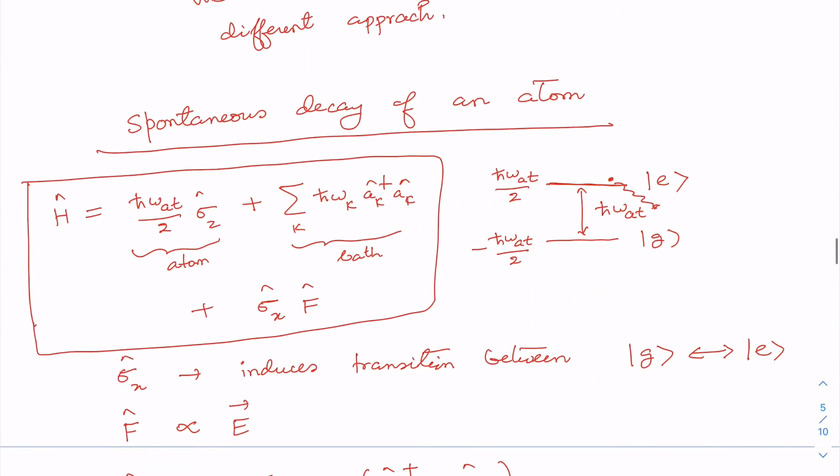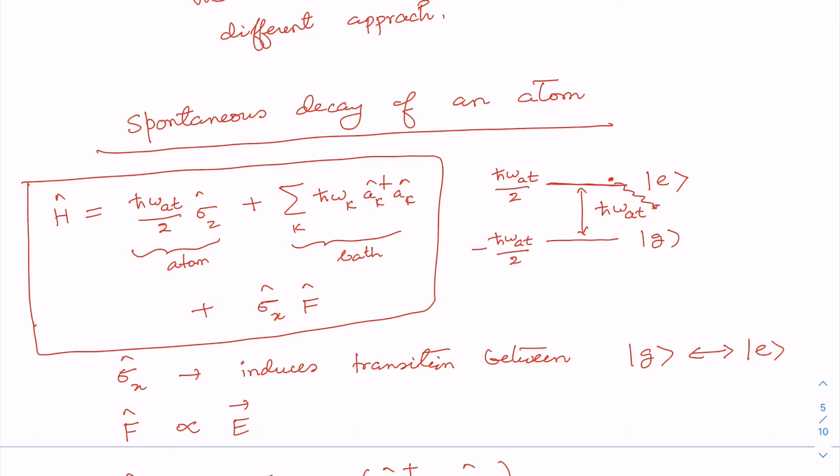And we discussed, as an example of decay, how to model the spontaneous decay of an atom, for which we have just taken a two-level atomic system interacting with the surrounding vacuum.